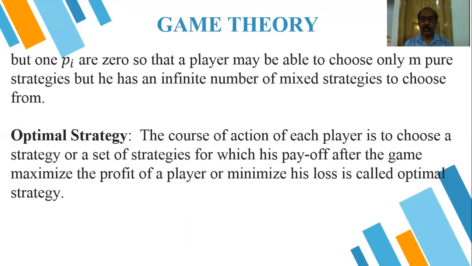In this situation, it is called the optimum strategy. With respect to those strategies, we get the maximum gain for one player and the minimum loss for the other. Those respective strategies are known as the optimal strategy.